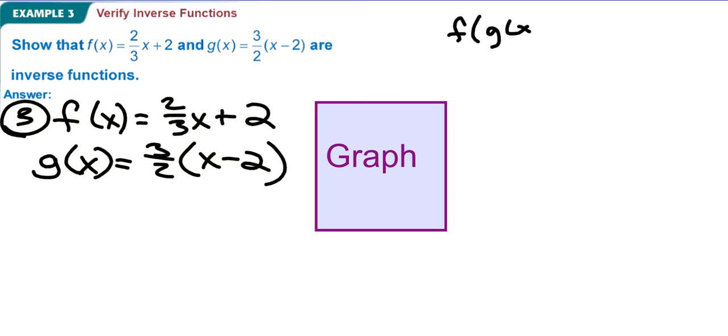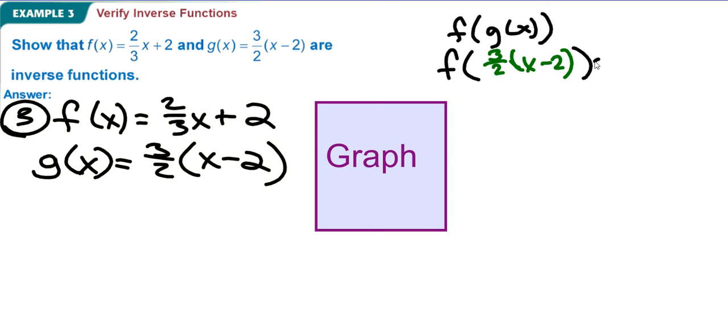So we have to find f of g of x. And the way that I do that is I go down here and I'm going to just put g of x in here, and I'll color code it a little bit. So g of x is 3 halves parentheses x minus 2. And I don't have to manipulate that at all. I can just leave it like that.